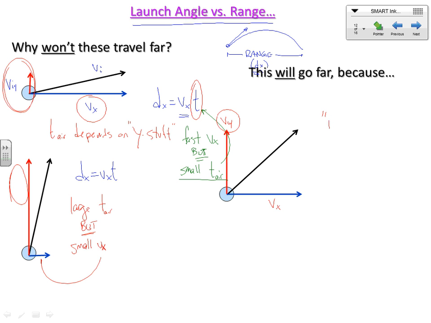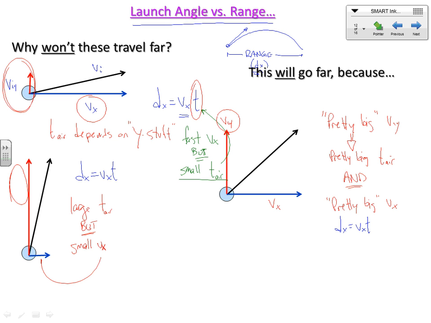So it has a pretty big viy, so therefore pretty big time in the air, and it has a pretty big vx. So when you mix those things together, and both vx and t are quote-unquote pretty big, we can get a big dx.